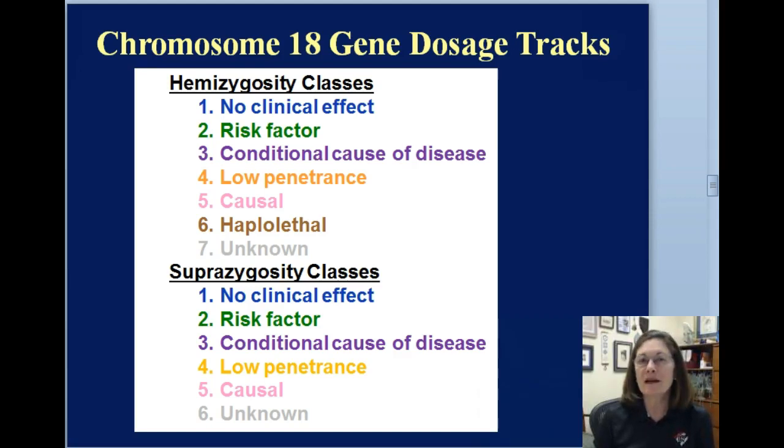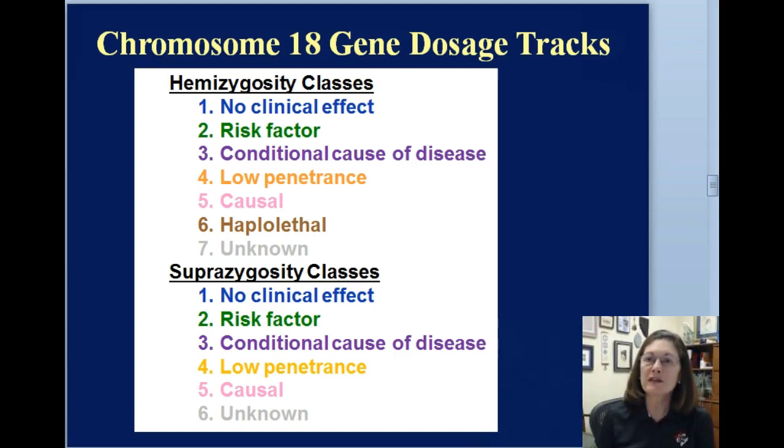And I want to emphasize that all of these classifications are based on the best data we have to date, which can change. So stay tuned. We update this all the time, but we still need to know what it is that's known so far. So that's what we're conveying to everybody here.